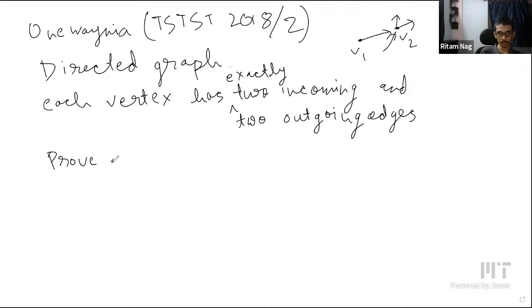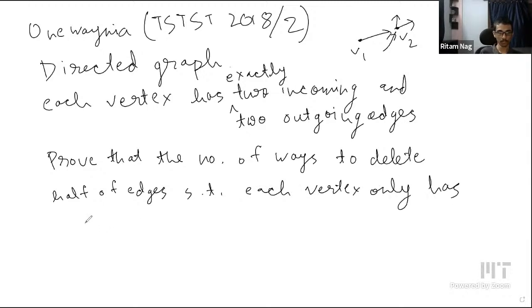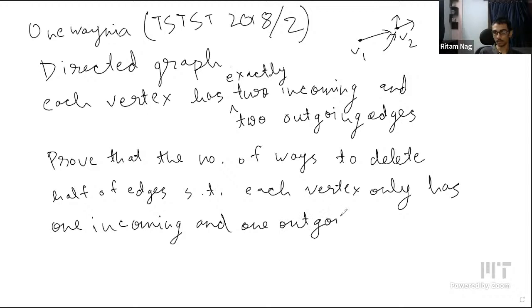Prove that the number of ways to delete half of the edges such that each vertex only has one incoming and one outgoing edge left is a power of 2.